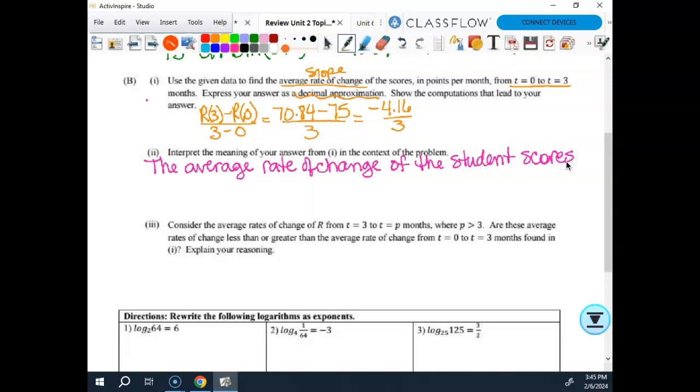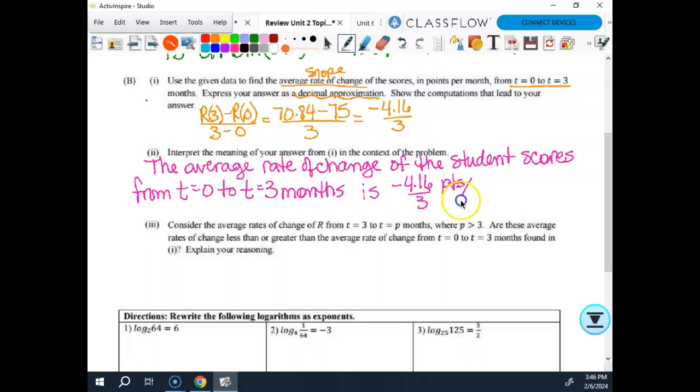Not forever and ever, amen, not for any time you want to think of. The average rate of change of the student scores from t equals 0 to t equals 3. Don't forget your units, months, is negative 4.16 divided by 3 points per month.